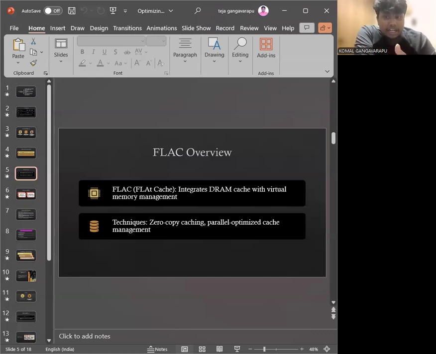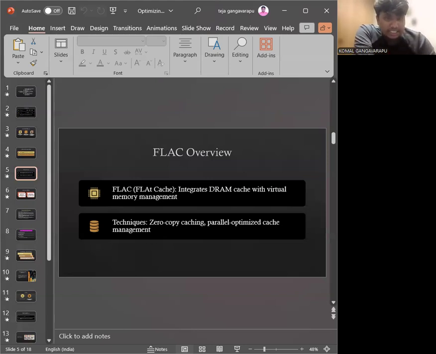By treating the DRAM cache as a part of the virtual memory system, FlatCache can more efficiently manage data placement and movement, ensuring that frequently accessed data resides in the faster DRAM while maintaining the persistence of the persistent memory.